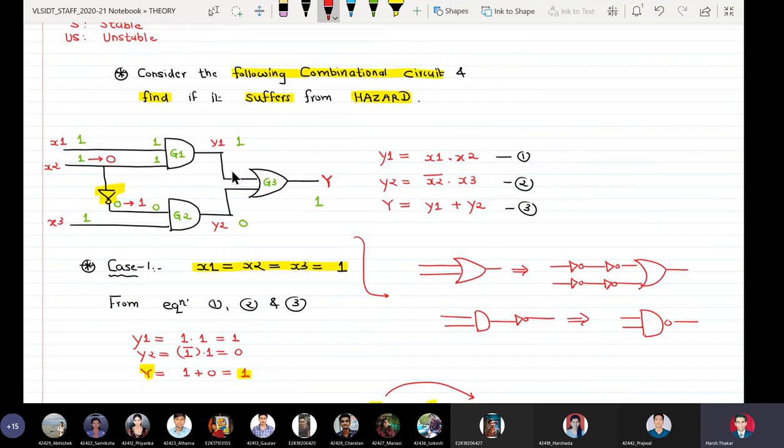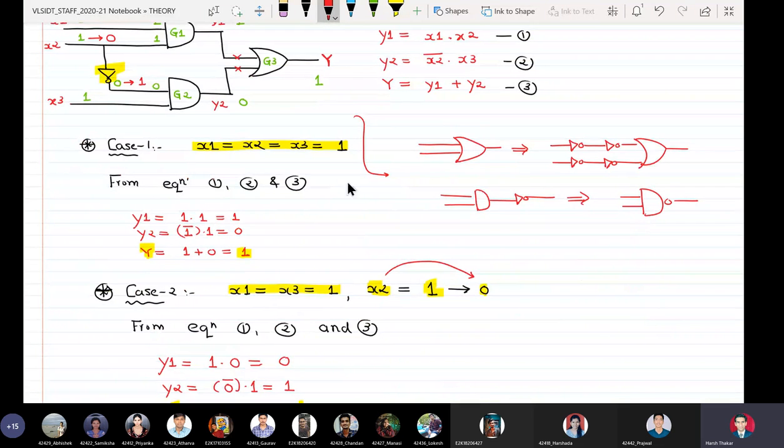If I put two NOT gates on this path and two NOT gates on this path, then the first inverter and this AND gate will form a NAND. Similarly, the second inverter and the OR gate will form a NAND.